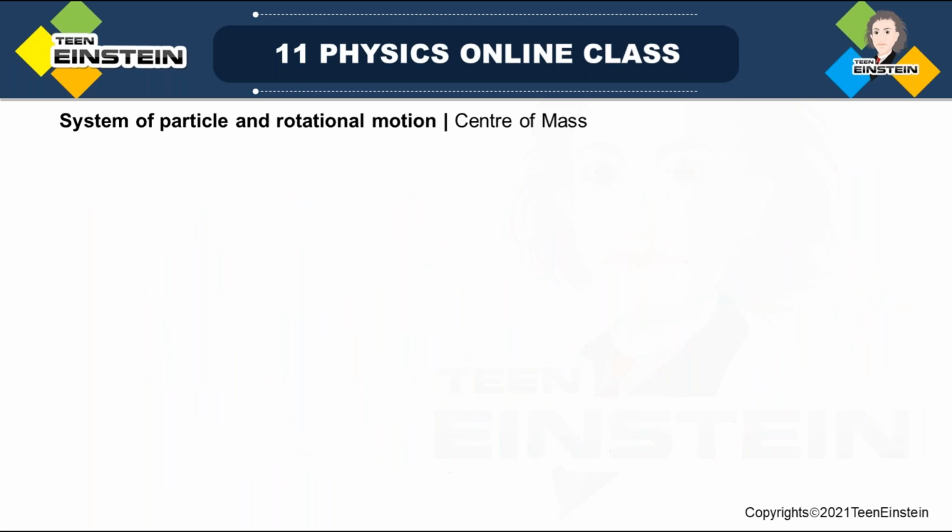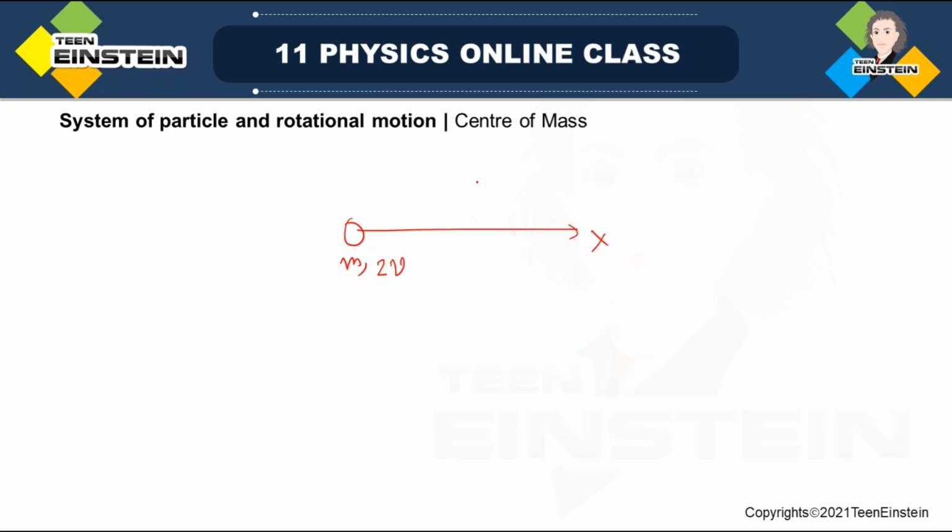Let me draw the schematic of this. The situation is this: this is the x direction and there was a particle moving with 2v speed.